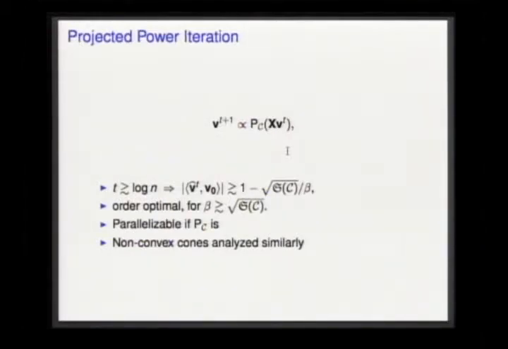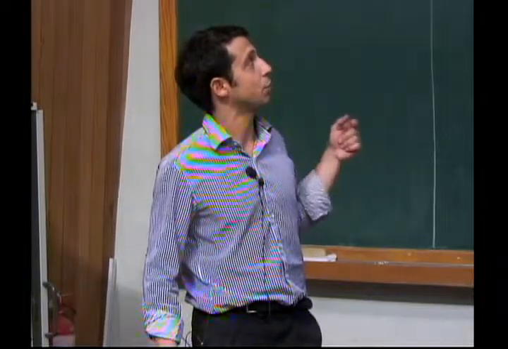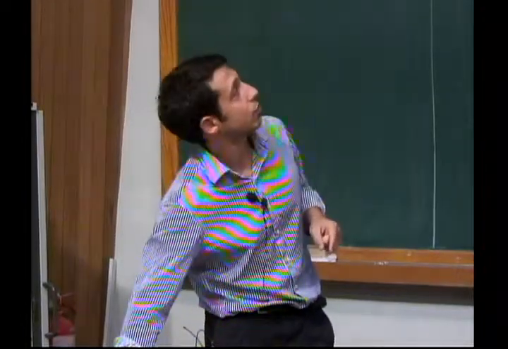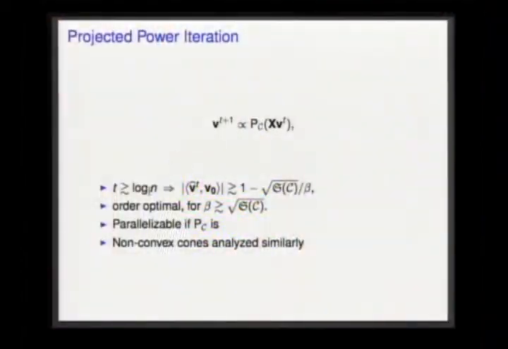The algorithm we can use to compute these constrained eigenvectors is very similar to power iterations, by adding a projection step at each iteration. So at each iteration you project the vector onto the cone and you repeat it log n number of times. The log n comes from the fact that if you pick the initial vector randomly, it's going to have an inner product of order 1 over square root of n with the signal.